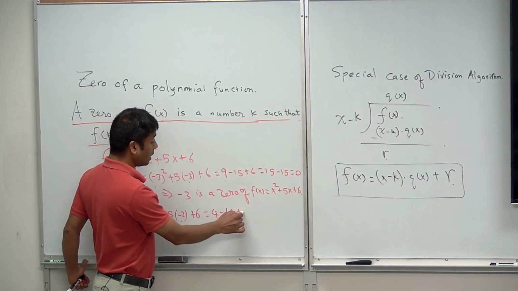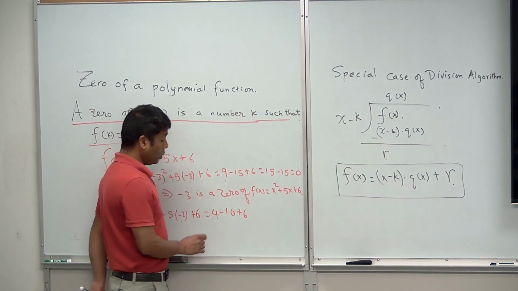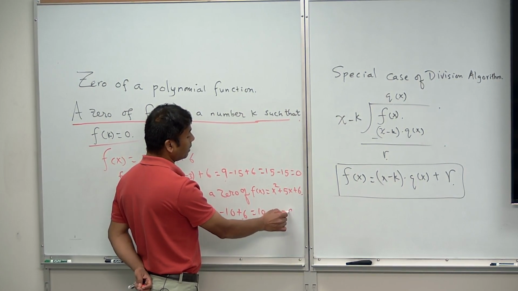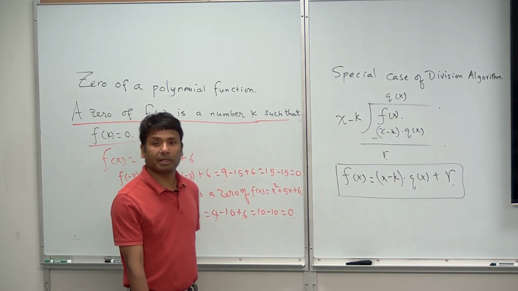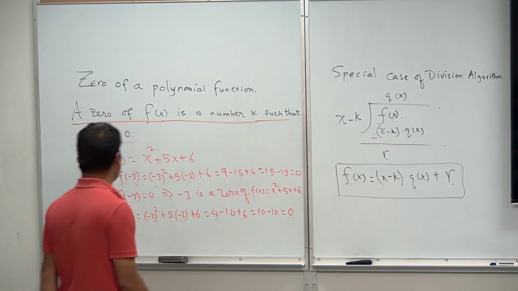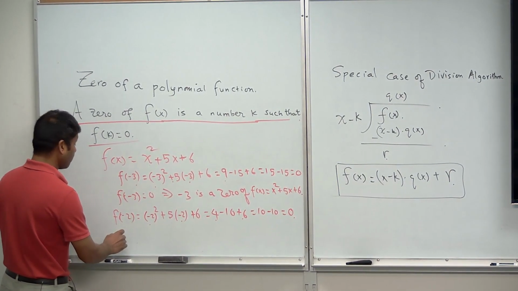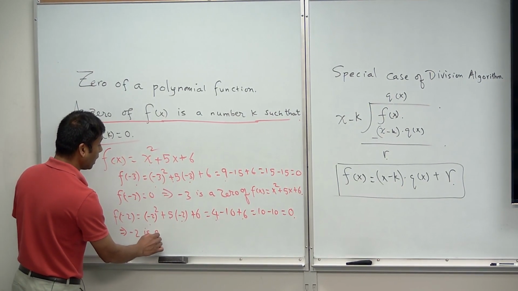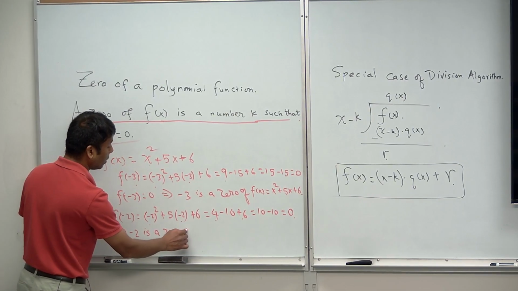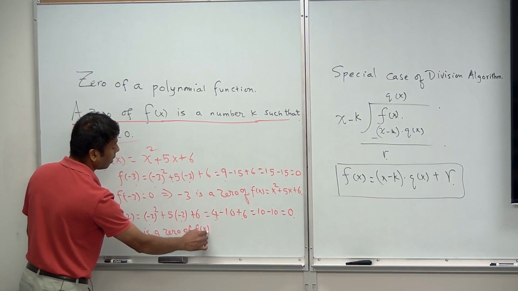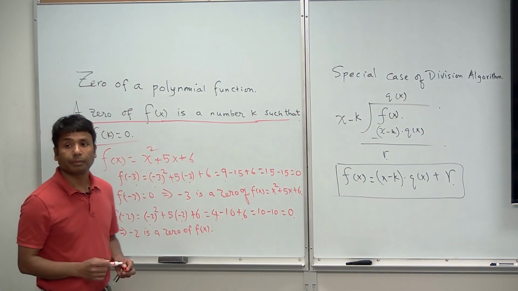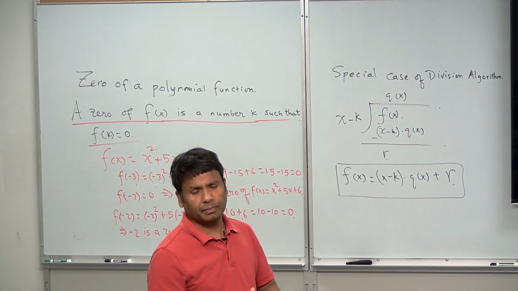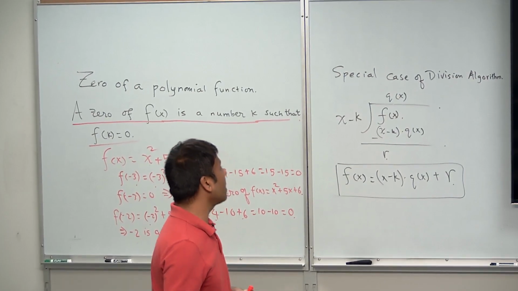And this is plus 6, right? So 4 plus 6 is 10. So this is 10 minus 10 equal to what? 0. See that? So this implies negative 2 is a zero of f(x). You got negative 2 is a zero of f(x). Does that make sense? Yeah.